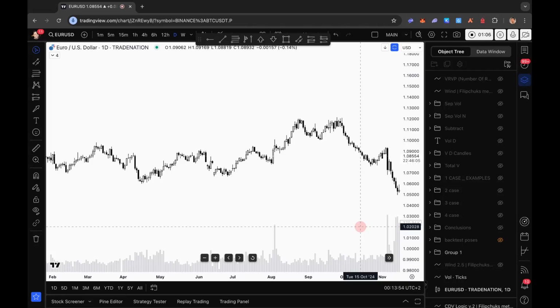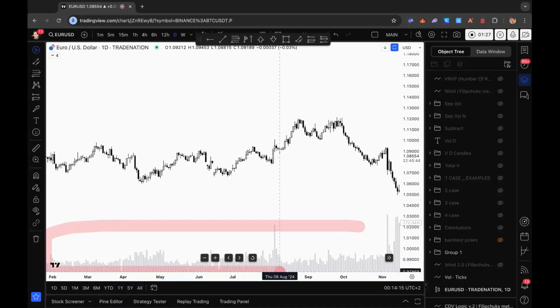Obviously, the color of this volume bar doesn't tell you who dominated the candle, buyers or sellers. Every platform colors it based on the price candle's color, and honestly, I see zero value in that. That's why I keep all volume bars the same color. Less distraction, more clarity.